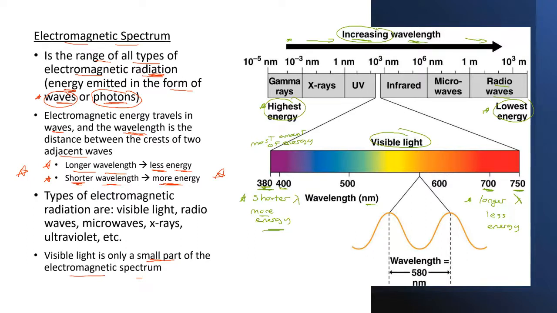Light in the red part of the spectrum, the orangey part of the spectrum, is still going to have energy, but this light over here, around 700, 750, is going to have a little less energy than the purple color.